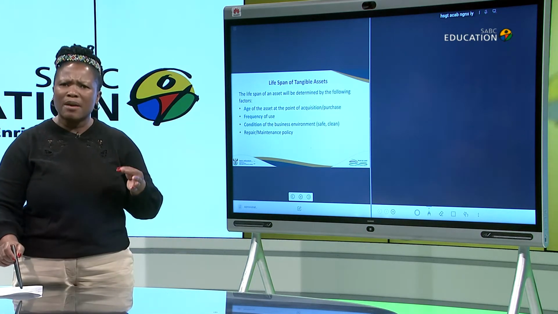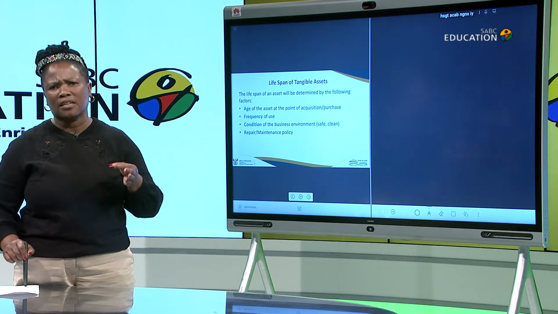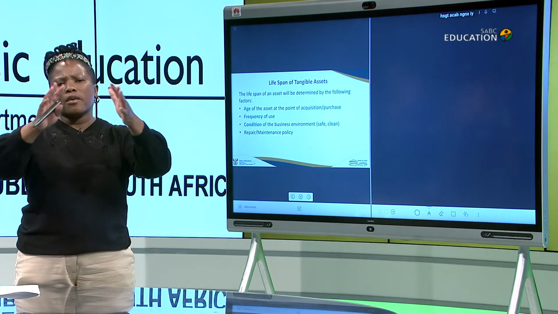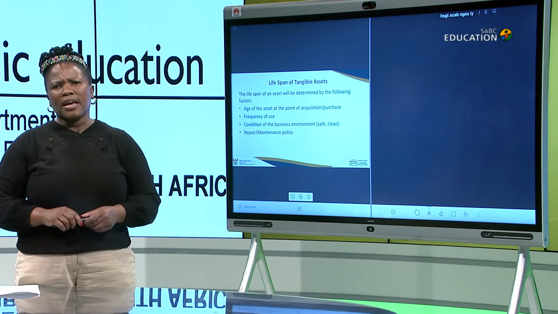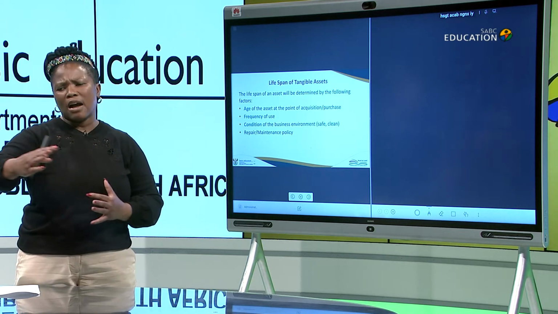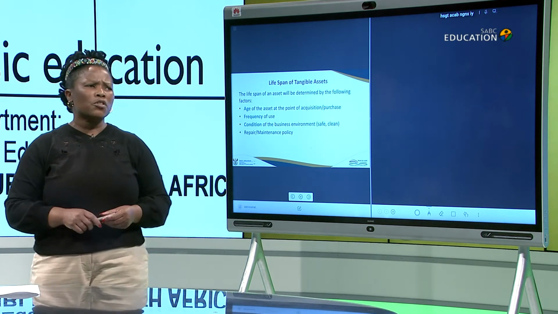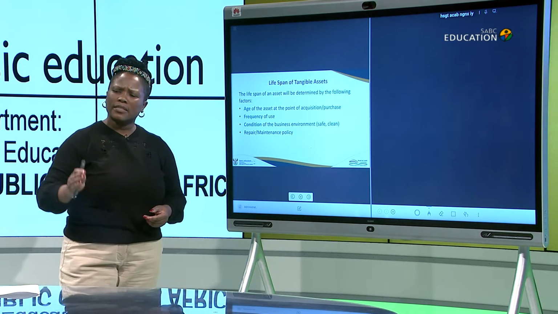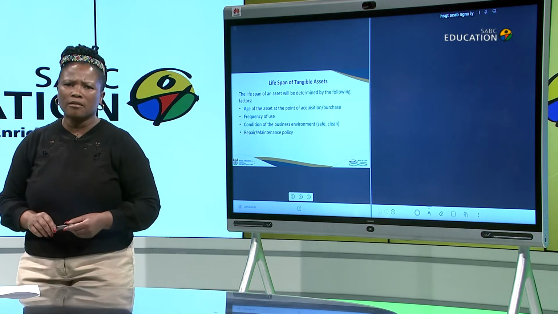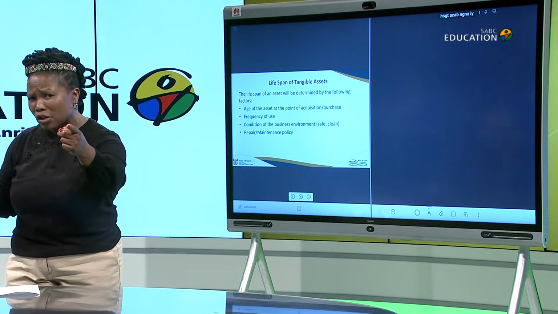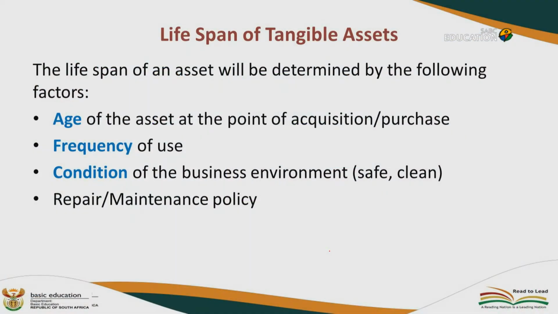A business must keep a maintenance policy which is going to reflect that the business vehicles are maintained at regular intervals, because mostly with your vehicles, you'll find that they need to be serviced yearly or at an interval of 15,000 kilometers, 20,000 kilometers, or even 10,000. It will depend on the capacity of the engine.